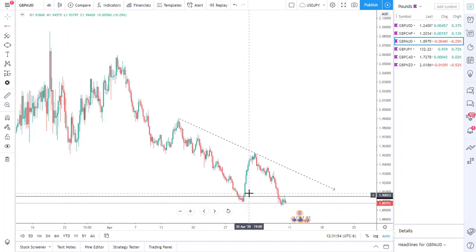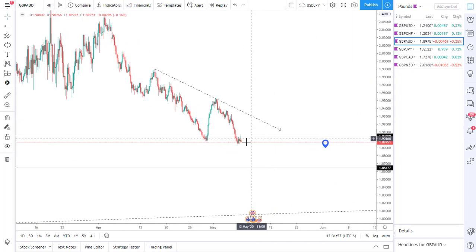Okay, so price can still go down and go deeper into the zone, and then boom, get the rally we are expecting. So that's one of the things that I didn't like about this trade, and thank God I didn't take it, because it was very near the proximal line.